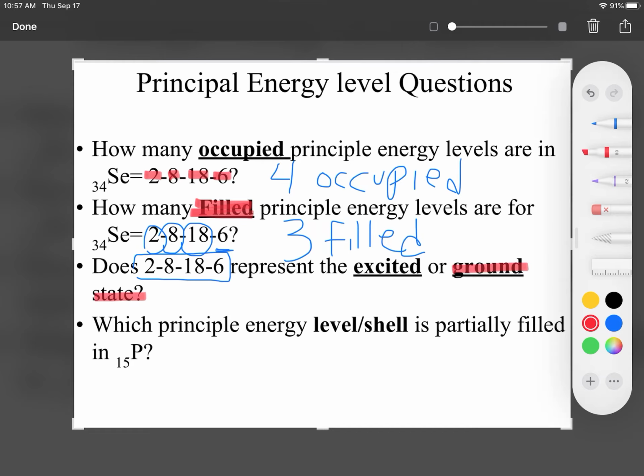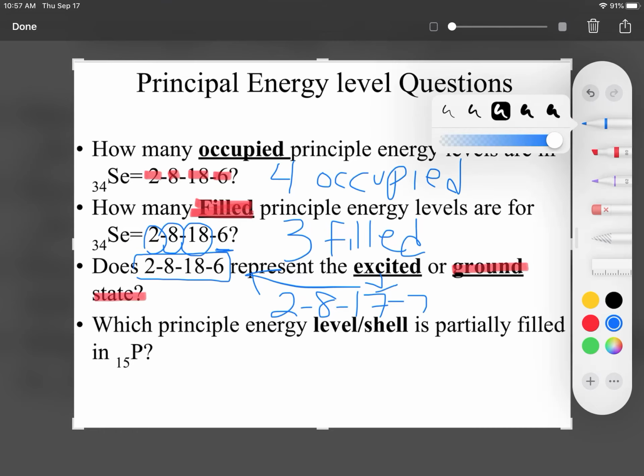Now, if it said to you, write the excited state configuration of this guy, it would end up being 2-8-17-7.